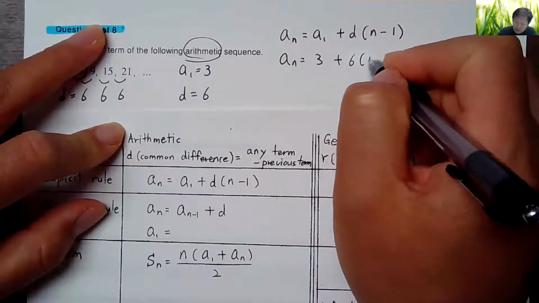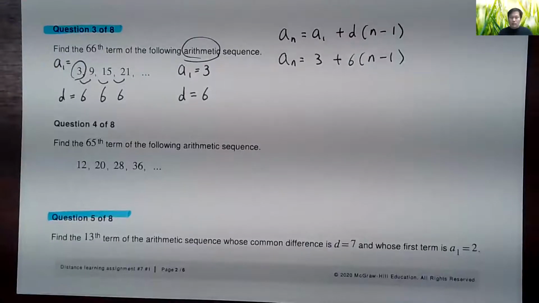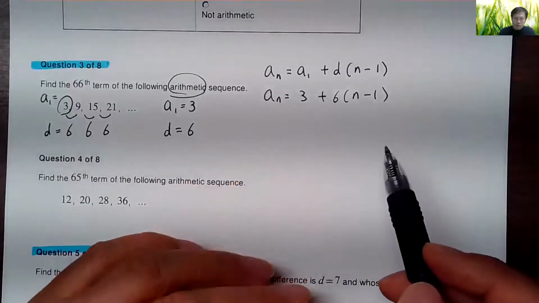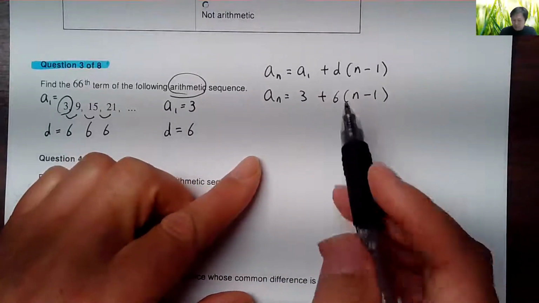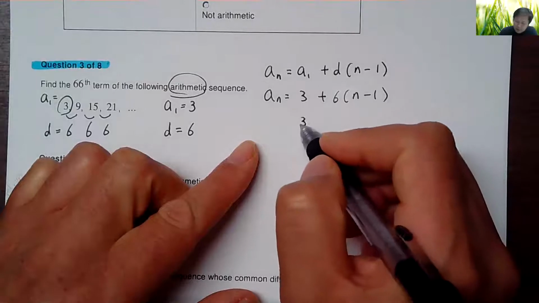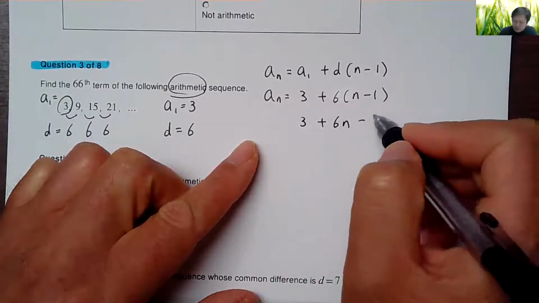6 parenthesis n minus 1. So often your teacher will expect you to simplify this. Which means you have to distribute 6, combine like term, so it'll be 3 plus distribute 6, 6n, 6 times minus 1, minus 6.